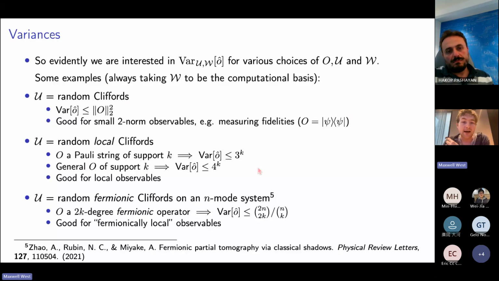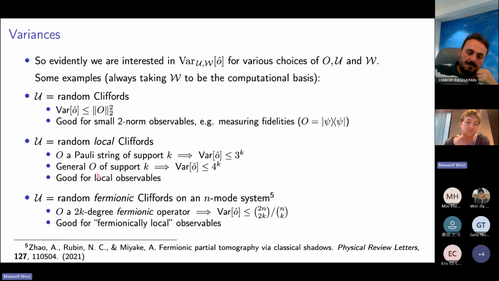And now you see the variance behavior just changes completely. With the global Cliffords, the only important question is, is the 2 norm of my operator large or small? And now it becomes, is my operator local spatially? So for example, if you take your operators to be Pauli strings of some given support, where by support I just mean acting non-trivially on exactly k qubits, then you can show that the variance is bounded by 3 to the k.